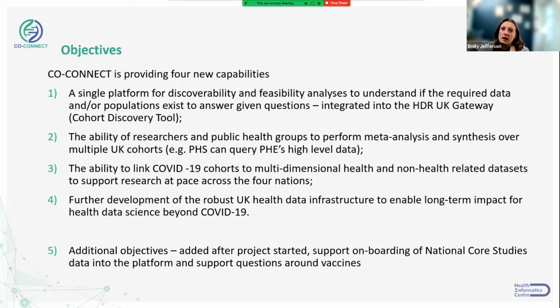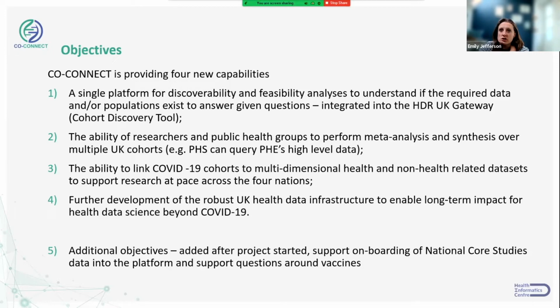So, for example, Public Health Scotland could have a look at an aggregate level at Public Health England's data and compare the results for a sort of aggregate trend analysis. The ability to link COVID-19 cohorts to multi-dimensional data, so it's about streamlining the linkage process there, and to support that at pace across the 4 nations, and further development of robust UK health data infrastructure to enable longer-term impact for health data science.